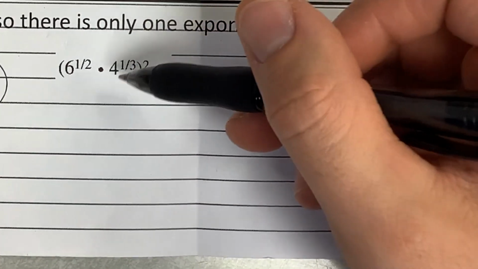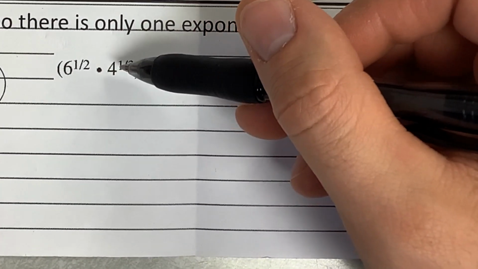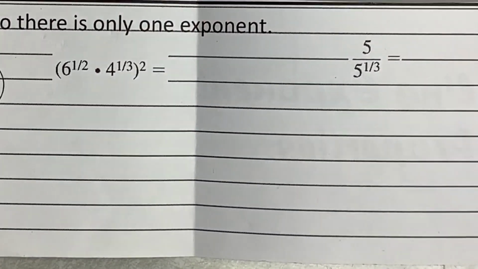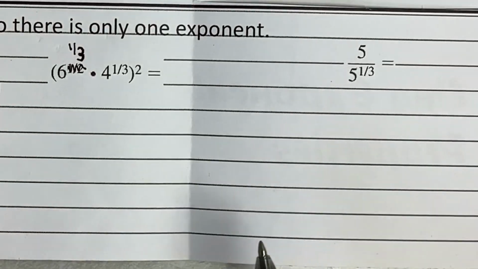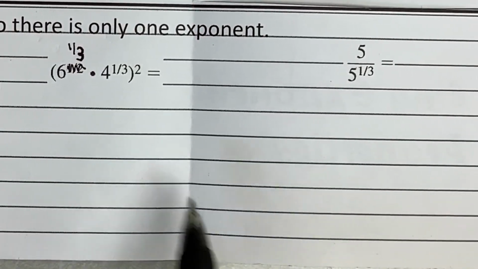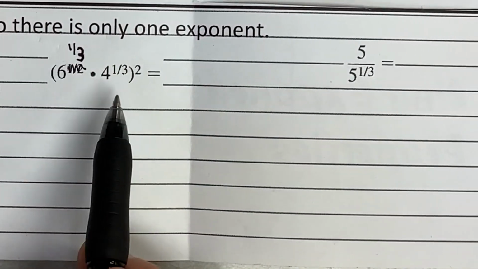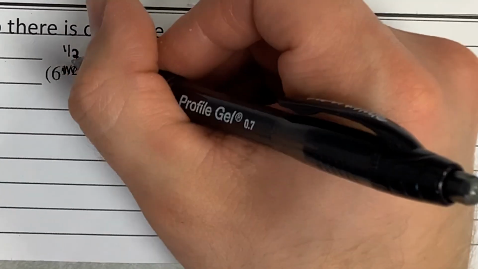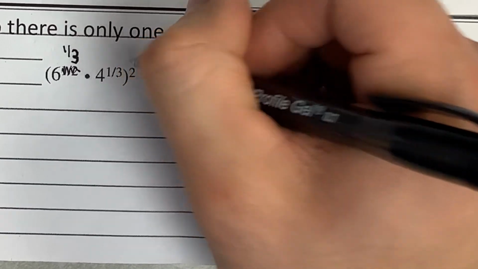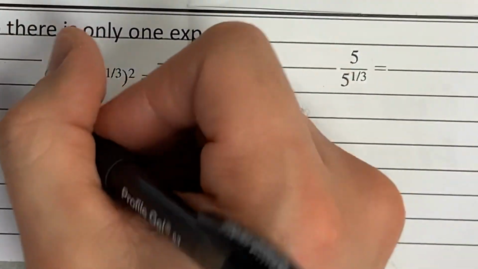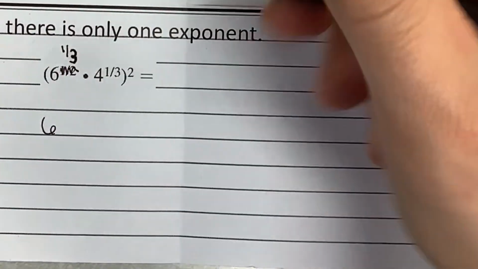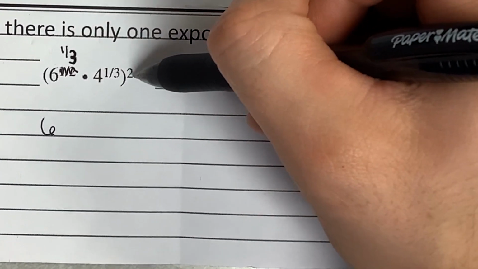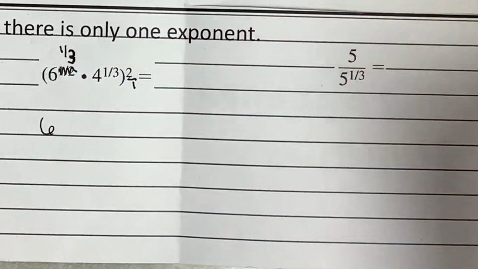Over here, this is going to be interesting. I'm actually going to use our power to a power rule. I have an exponent raised to another power, so I can multiply my powers. So it's going to be 6. Now, 1/3 times 2. Well, it's like 2 over 1. You guys should remember this from a previous foldable. You multiply top times top, bottom times bottom.